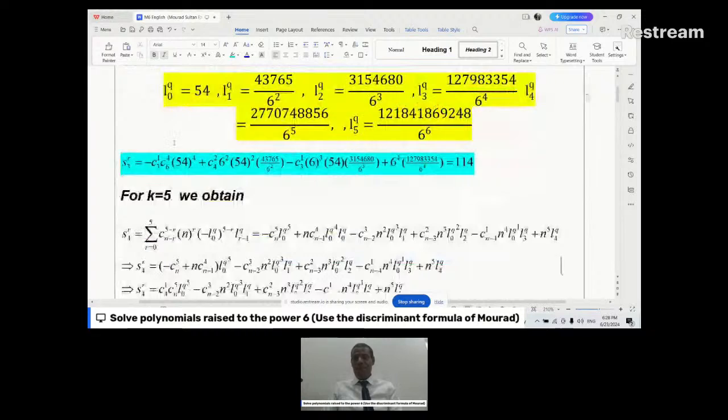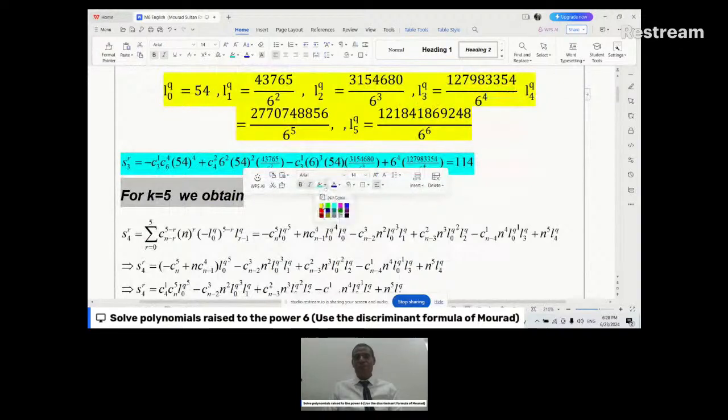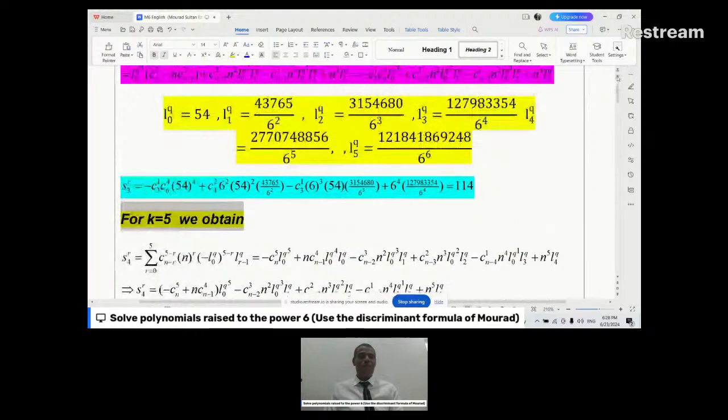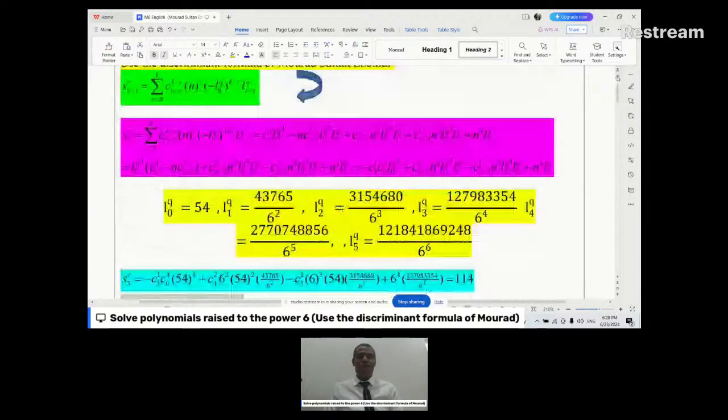Now learners, it's easy now to find the value of S4. We should substitute k with 5, of course, in the discriminant formula of Mourad Sultan Ezouidi.